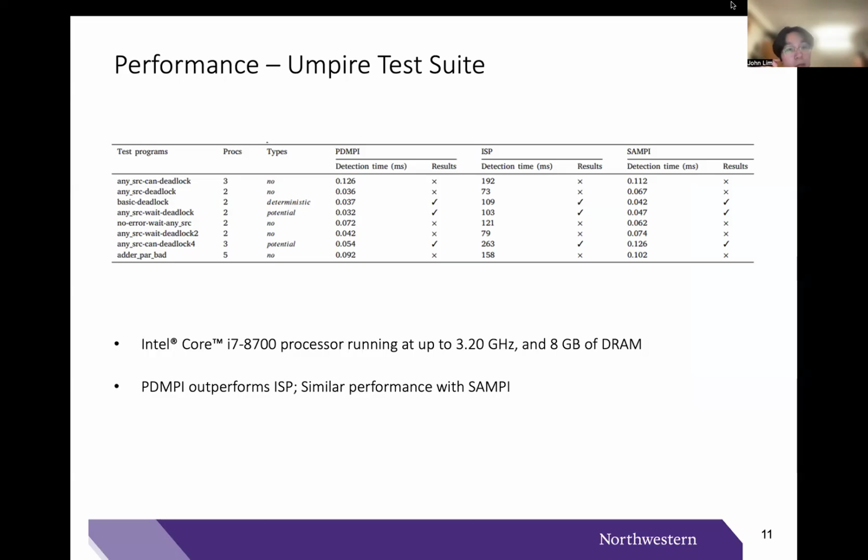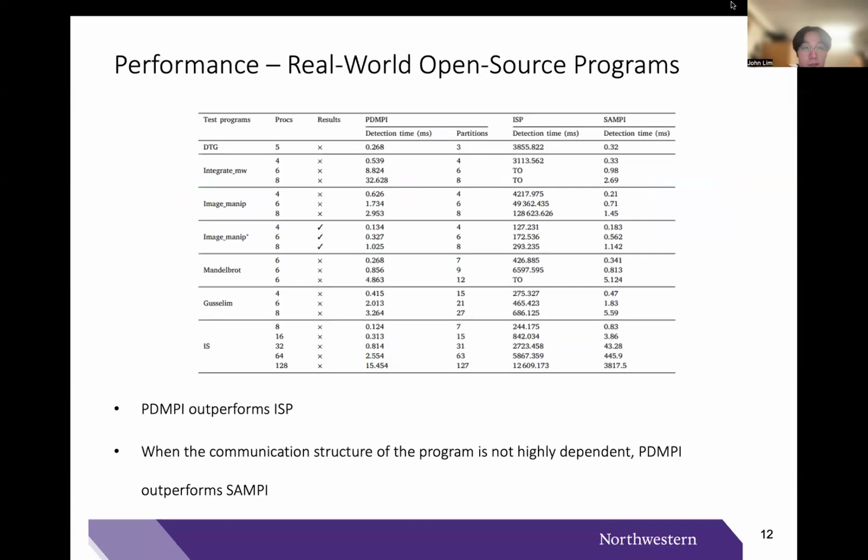They ran the performance using an Intel Core i7 8700 processor running at up to 3.2 gigahertz and 8 gigabytes of DRAM. PDMPI was able to outperform ISP, and it also had a similar performance to SAMPI.